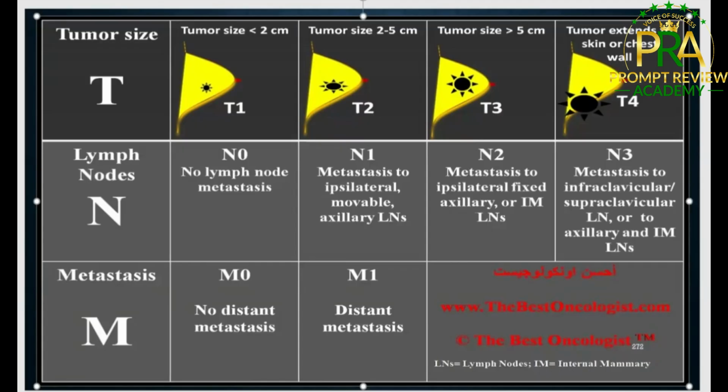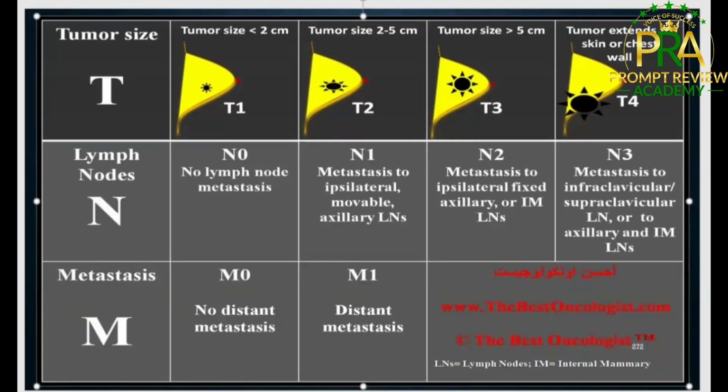Because we say the movable ipsilateral axillary node, so in the axilla, which is the armpit, the lymph node that is located in the armpit, if it is the same side, that is why we say it is N1. But if it is fixed, it's not movable, that is N2.